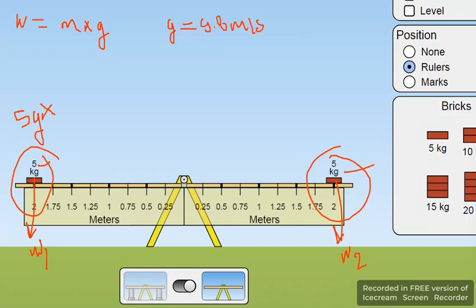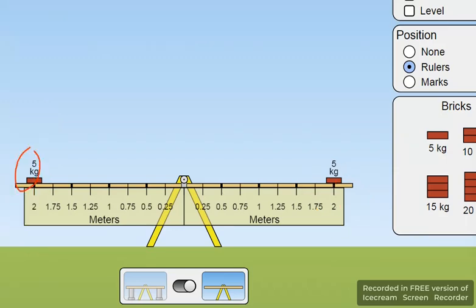Now how can we calculate the moment of force here? We can simply calculate it by using the force, and force is weight here, as I already told you.